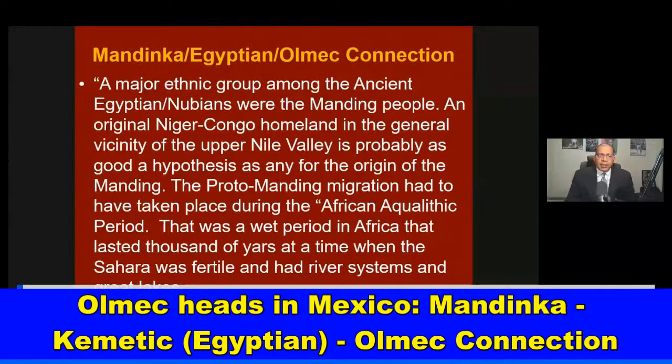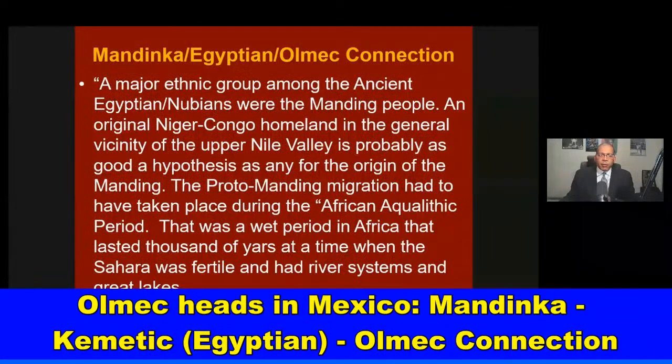The Proto-Manding migration had to have taken place during the African Aqualithic period. That was a wet period in Africa that lasted thousands of years at a time when the Sahara was fertile and had river systems and Great Lakes.